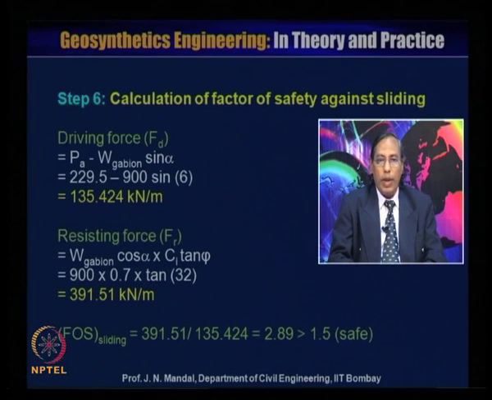Resisting force Fr is equal to W gabion into cos alpha into tan of delta, the friction angle. This is the resisting force at the base. So, this is W gabion is 900 into 0.7 into tan of 32 degree. So, this will give you 391.51 kilonewton per meter.